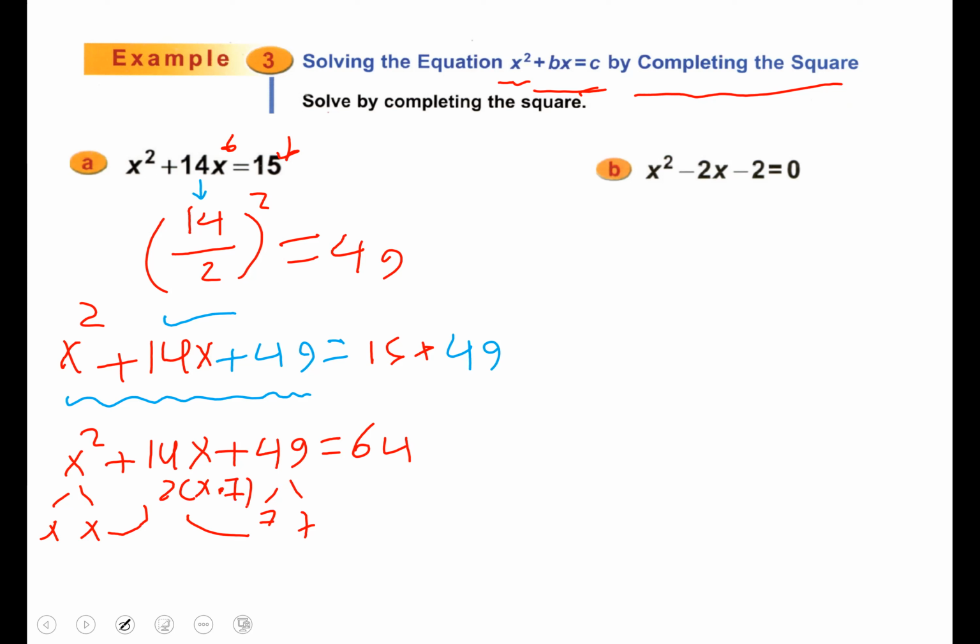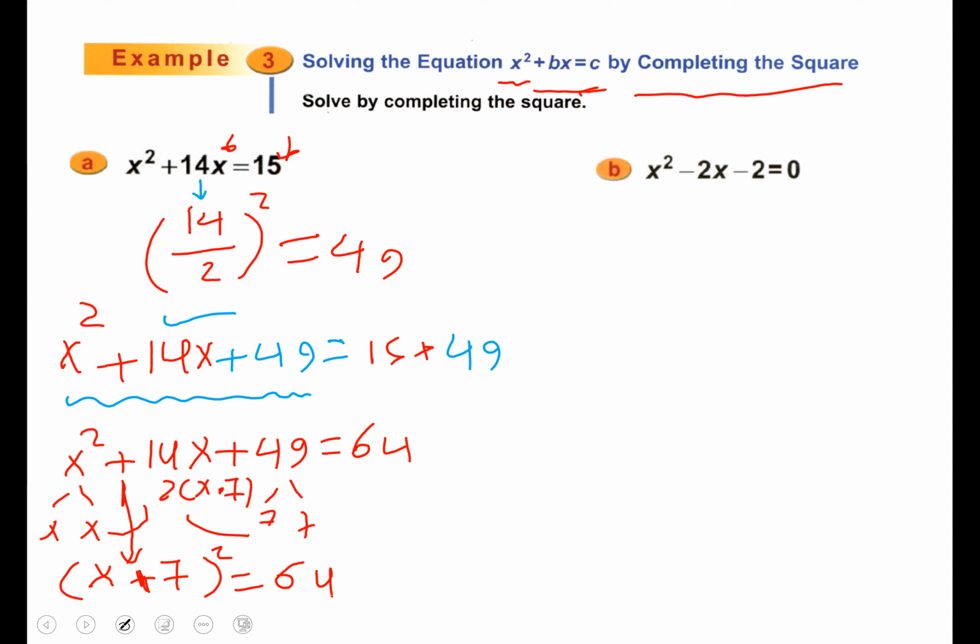After that, you take one factor from the first term, plus one of the factors of 49, which is 7, as a power of 2, equals 64. Now, guys, we have x plus 7 as a power of 2, just like x squared.